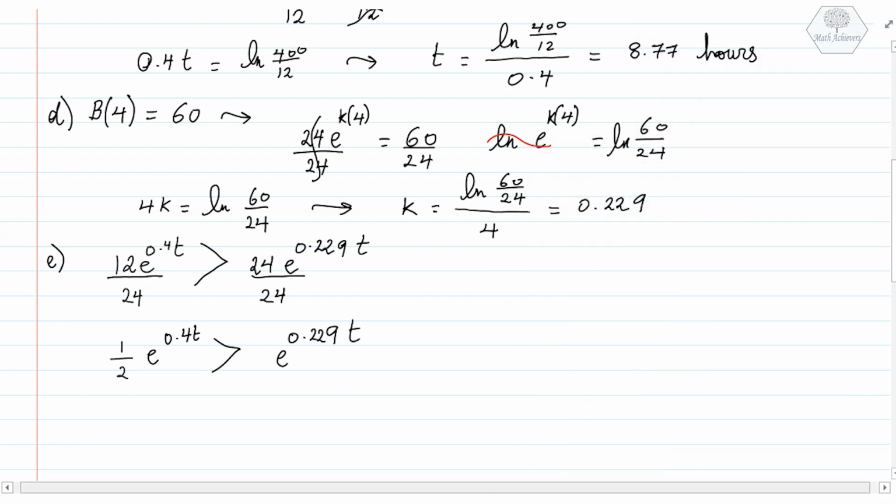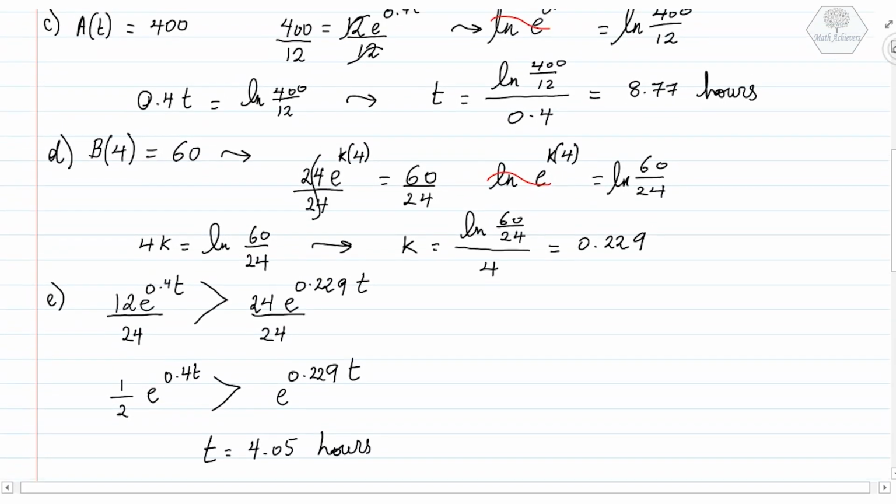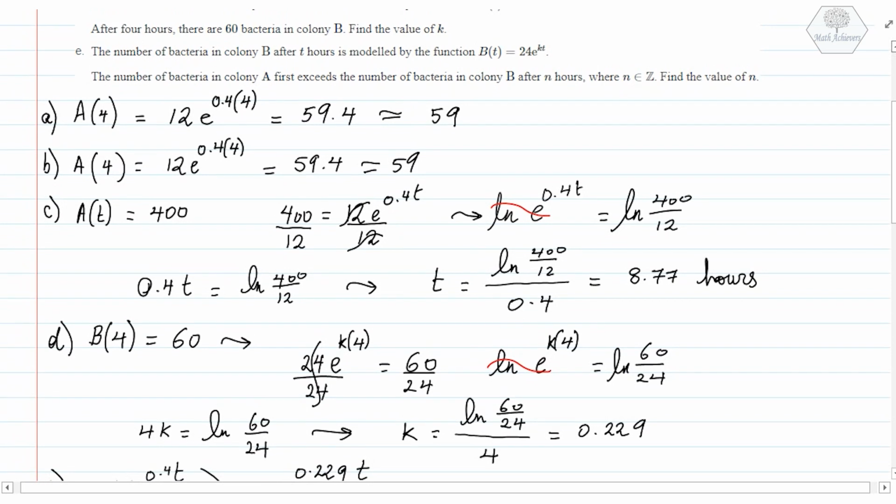So when time is 4.05 hours, colony A will exceed colony B. T, the intersection, equals 4.05 hours. Let's check if the question wants an integer value: after n hours, where n is an integer, the number of bacteria exceeds.